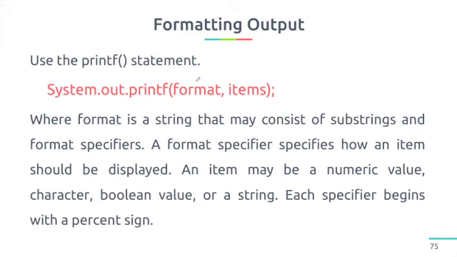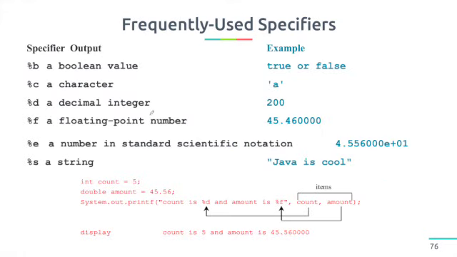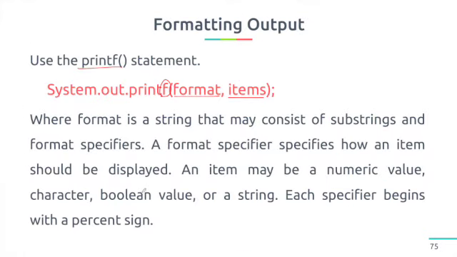Formatting output. We use printf to format our output, to print our output nicely. The way that we use formatted output is by using System.out.printf, and then here we write the format, and then here we write the items or the variable names. The way that we write the specifiers of the format is by using a percentage sign.